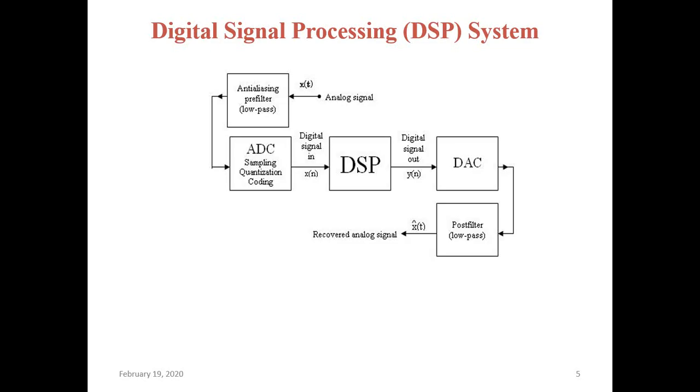From the anti-aliasing filter, which is a low pass filter, we move to the ADC, which is the analog to digital converter, by sampling, quantization and coding. In the digital signal we get the DSP, which is digital signal processing. From that we get the digital signal output, and lastly we have the DAC, which is the digital to analog converter, and from this we apply a post filter and get a recovered analog signal.